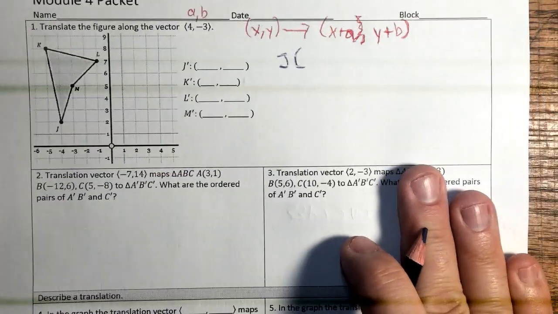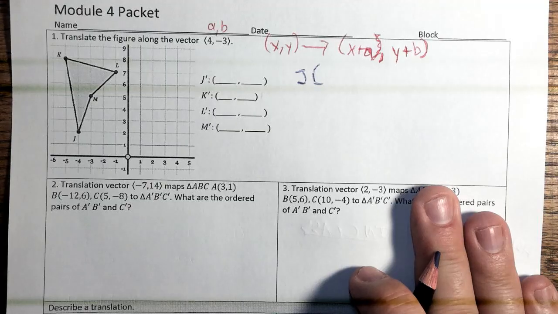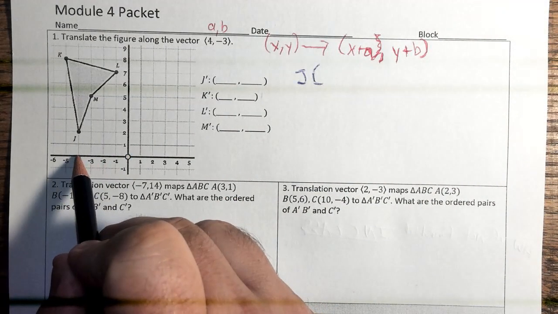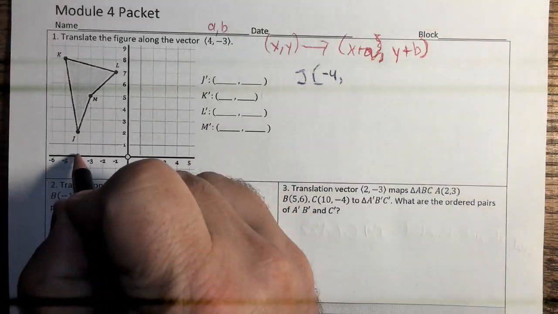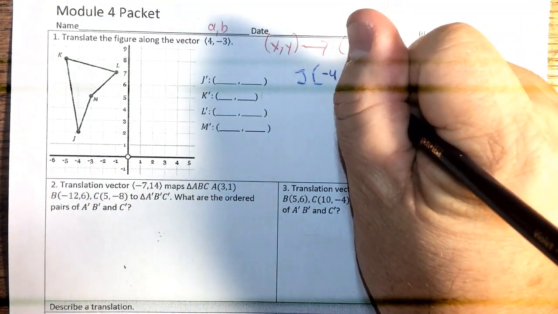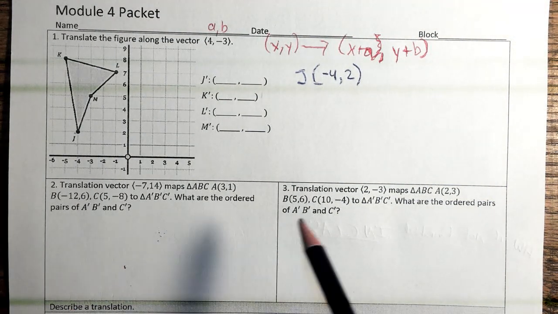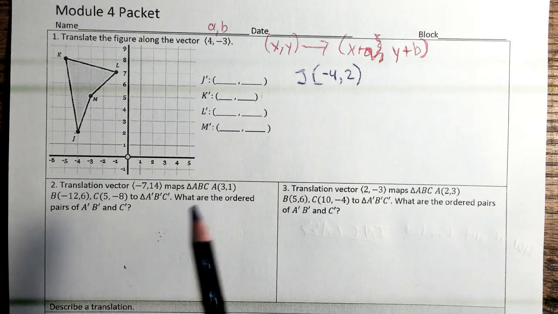All right, J is (-4, 2). I'm trying to plot these slowly for you guys that are having a hard time, so just follow me here. I'm going to try to do this a little slower than normal.